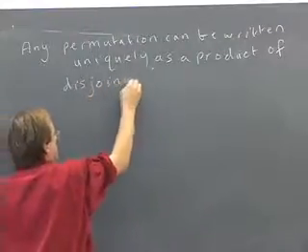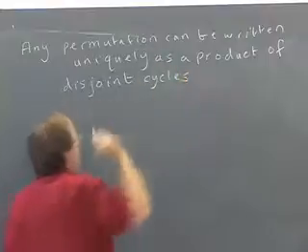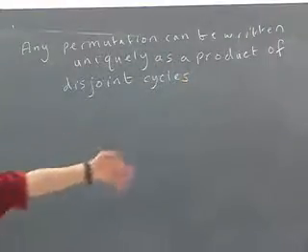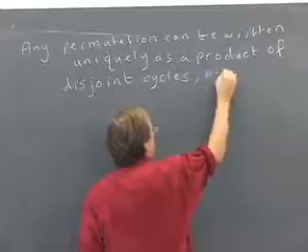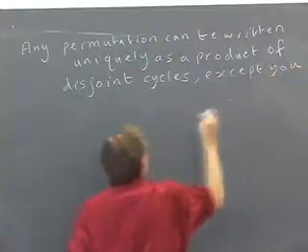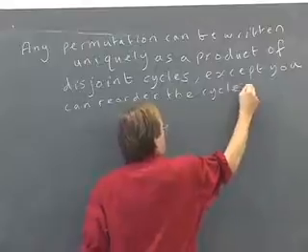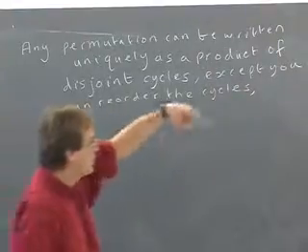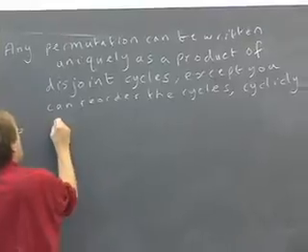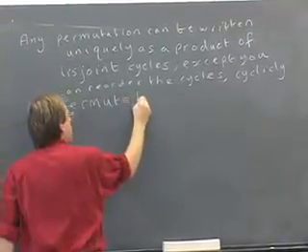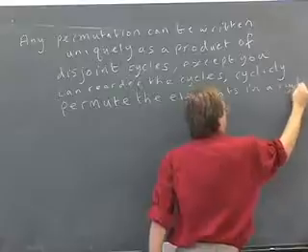Disjoint meaning they have no numbers in common, no number occurs in both cycles, disjoint cycles, up to the possibility, the various switches I explained you could make there, except you can reorder the cycles, cyclically permute the elements in a cycle, and you can drop one cycles.